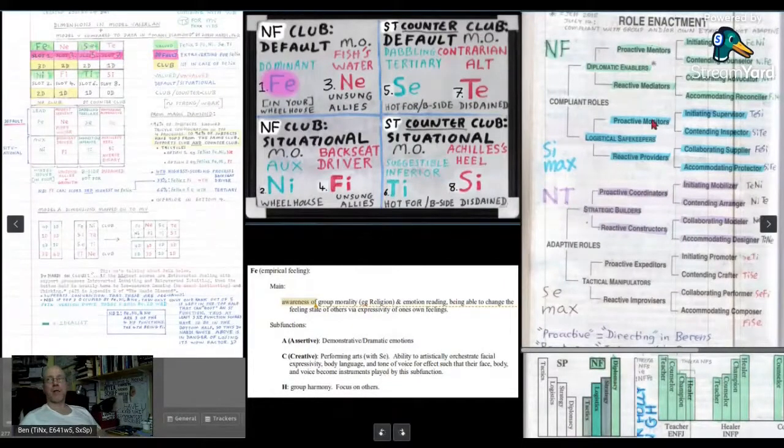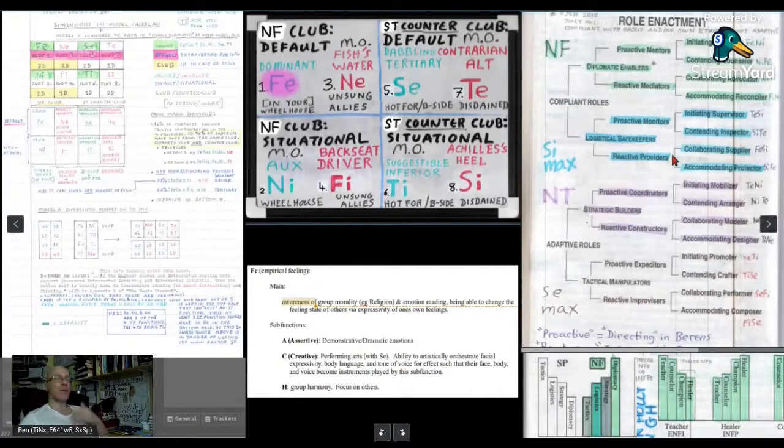Now, I want to mention the role enactments and some information from Keirsey. And this lines up with Socionics, where you see this SE here, and this valuing of SE with FE, and also the fact that in interaction style, it's an initiator. It says initiating educator.